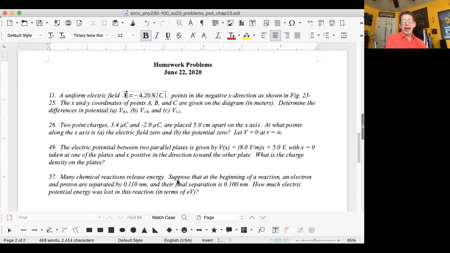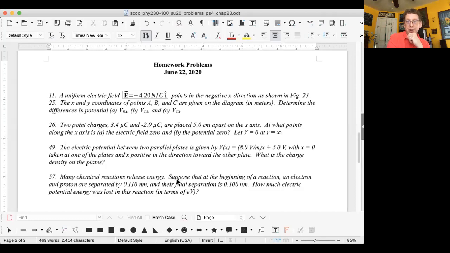For number 49, the electric potential between two parallel plates is given by, you see the equation, and it's a function of x, with x equals 0 taken at one of the plates and x positive in the direction towards the other plate. So one plate is x equals 0, and the other plate is going to be to the right of that one.